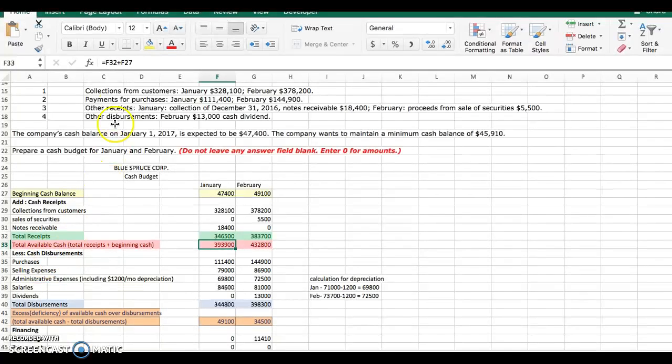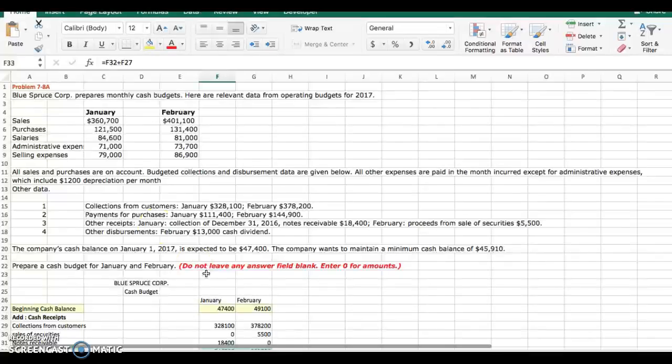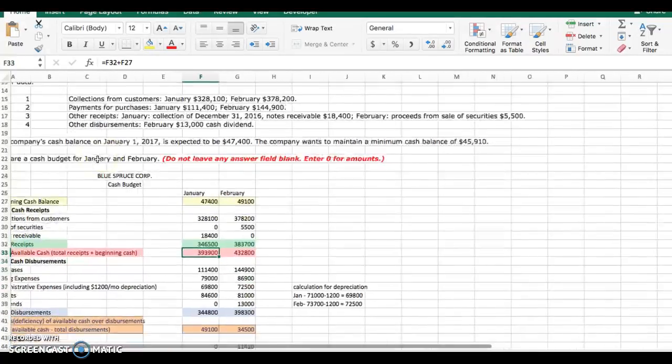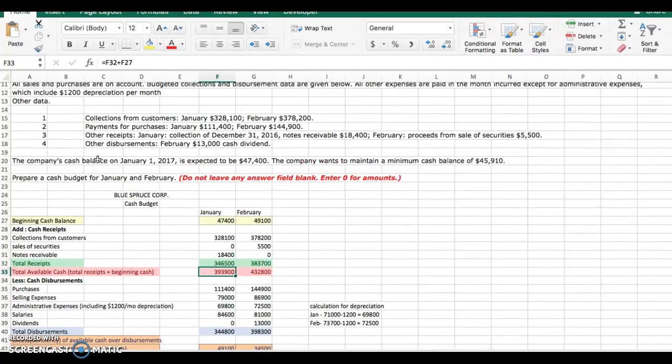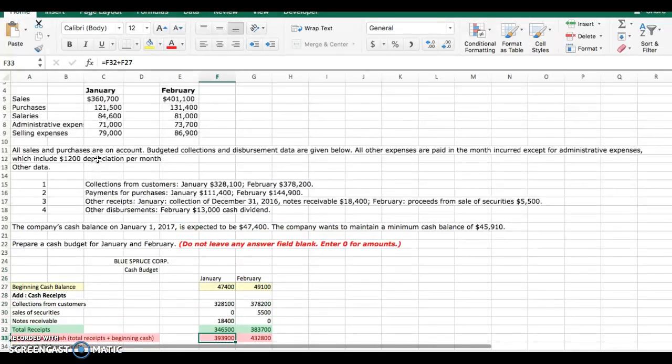So we had purchases for January of $111,400. We had selling expenses that were $79,000. Administrative expenses, we started out with $71,000, but in our readings up here it tells us that there is a $1,200 depreciation per month that we need to subtract from the administrative expenses.